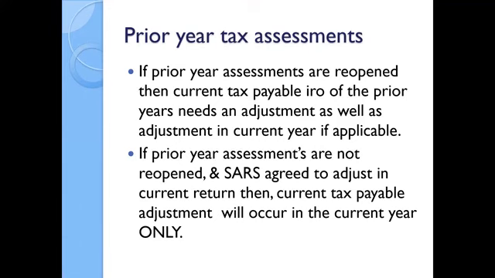However, if the receiver of revenue says no, you cannot open your tax assessments, then we need to make all the adjustments in the current year's tax return. That means the journal entries to correct the error for current tax purposes will only occur in the current year. So it is important for us to understand those two options and how they will affect our journal entries.